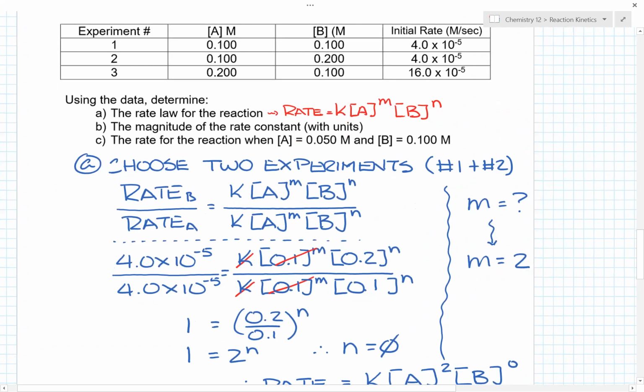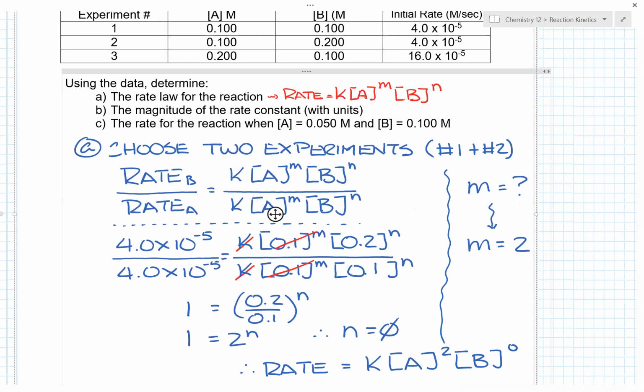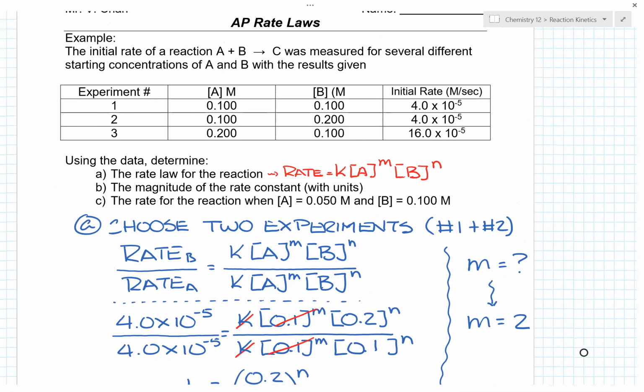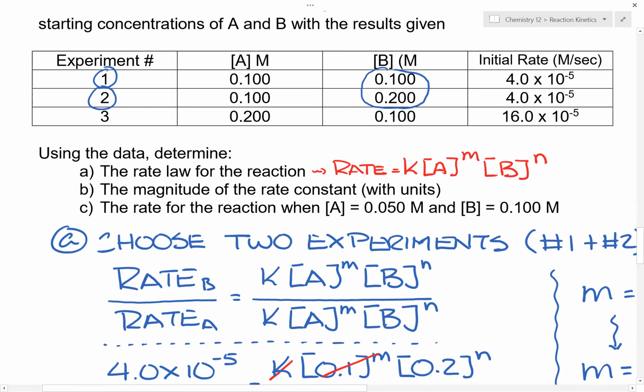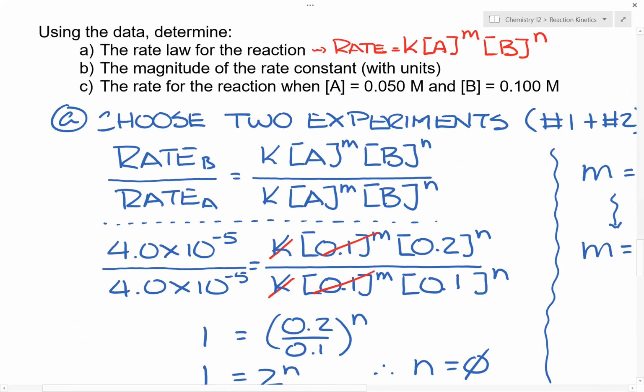You can do that. Now, some of you might not like the mathematics, so some of you might be able to verbally express it. So let's look at experiment 1 and 2 again. You could say, hey, the concentration of B had doubled, and notice the rate did not change. So therefore, the rate must have been independent of B, so B must have been the order of 0. Okay.